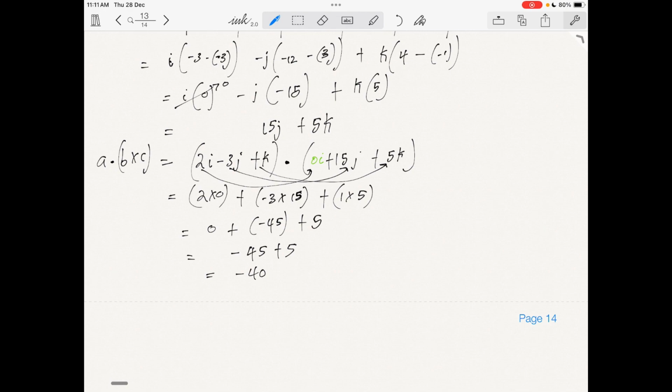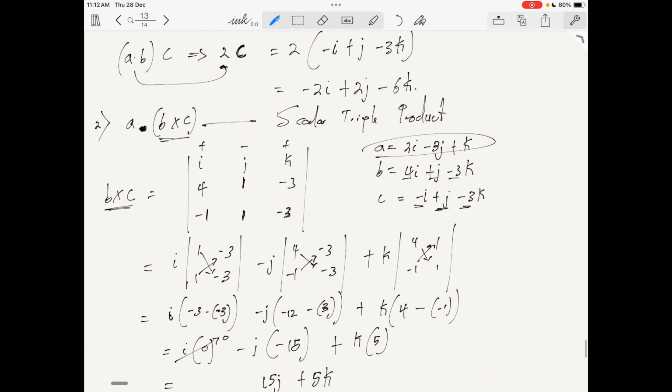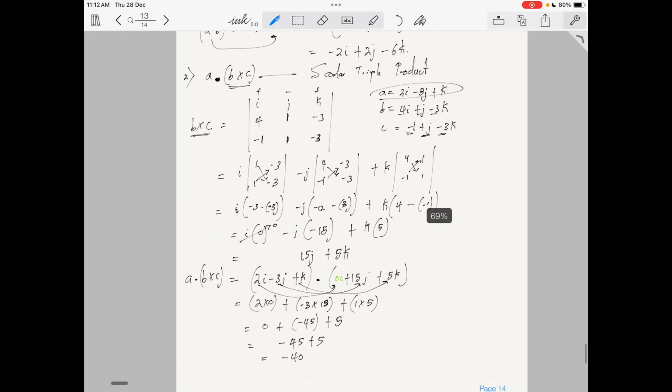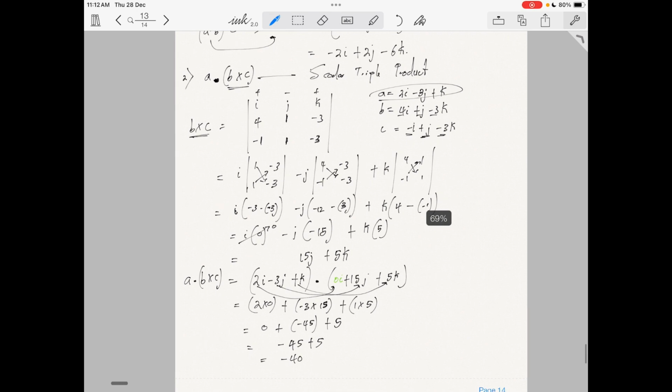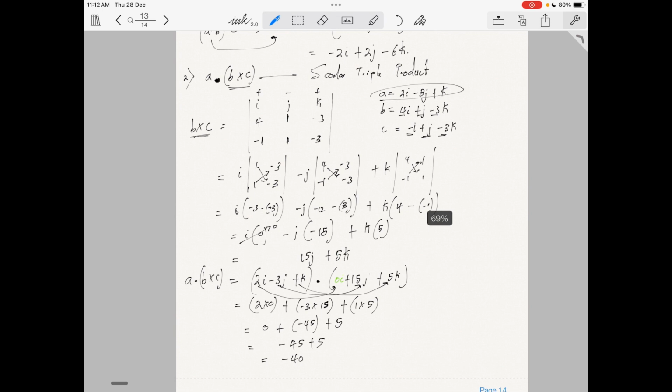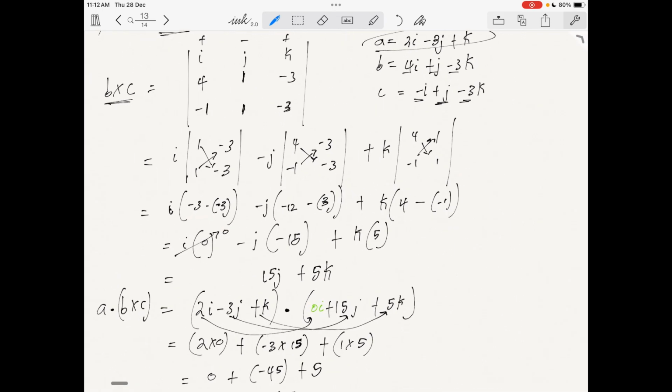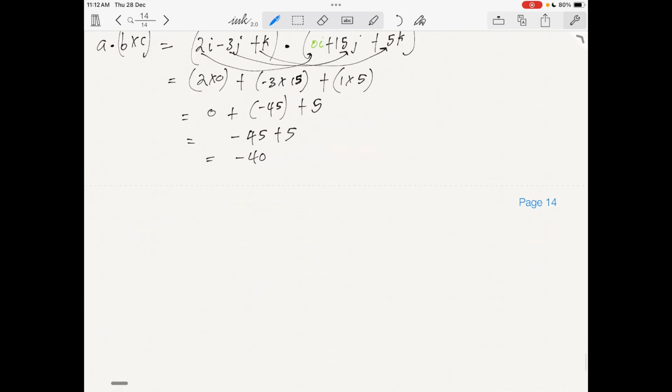Now, having been able to solve the scalar triple product with this format, we can also solve the scalar triple product directly without having to open the brackets. So let's go back and rewrite A dot B cross C. Let's rewrite our question.